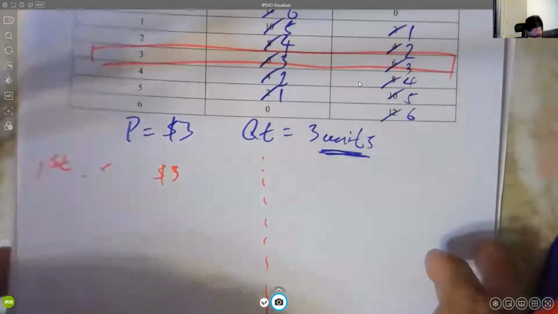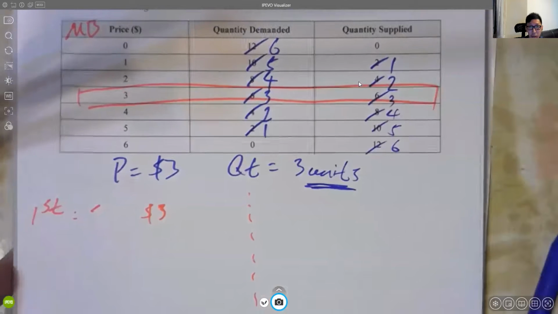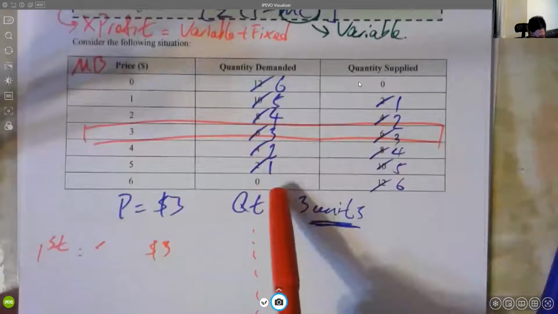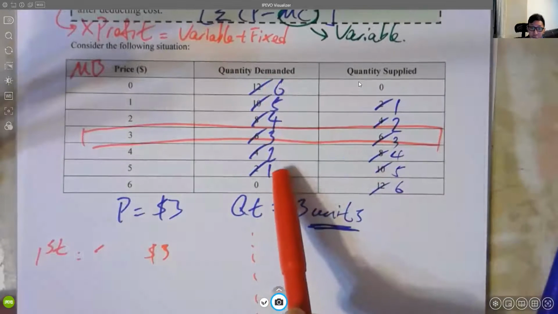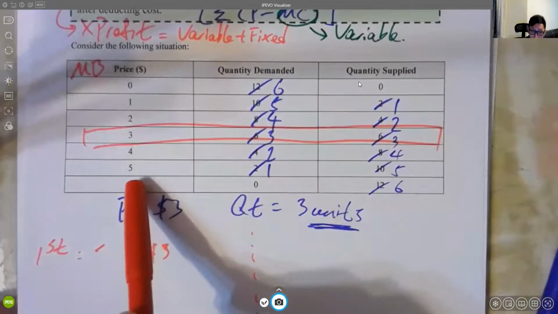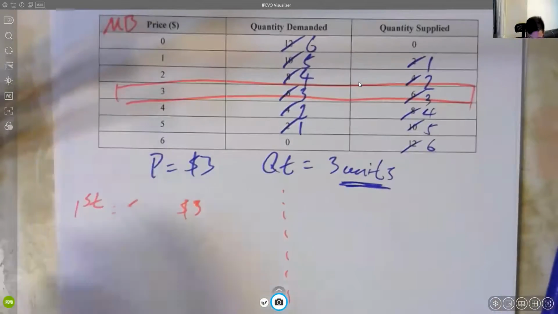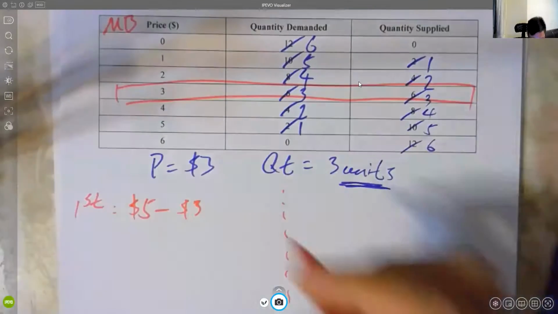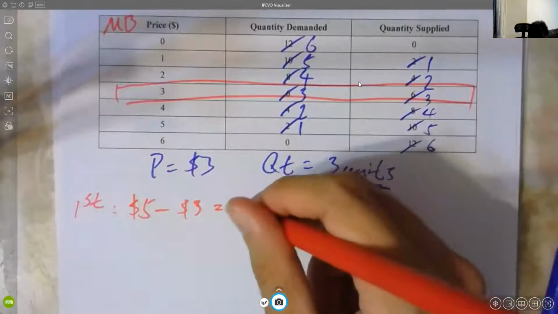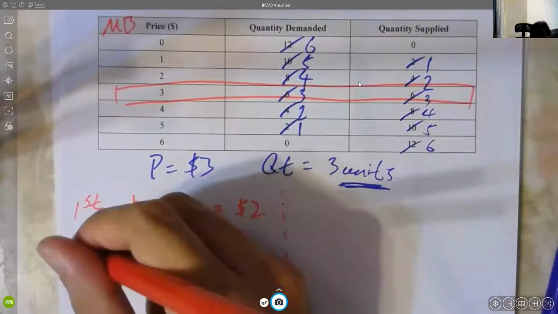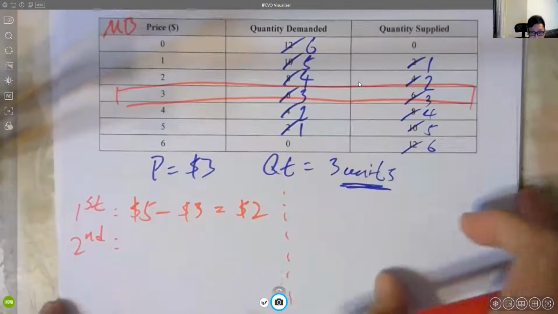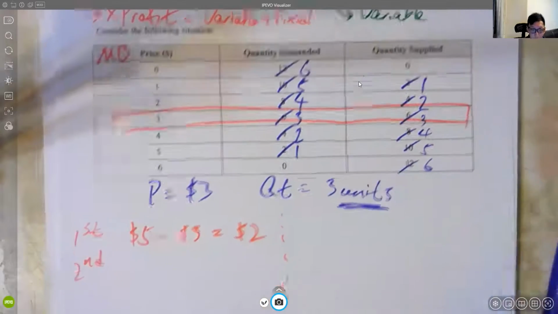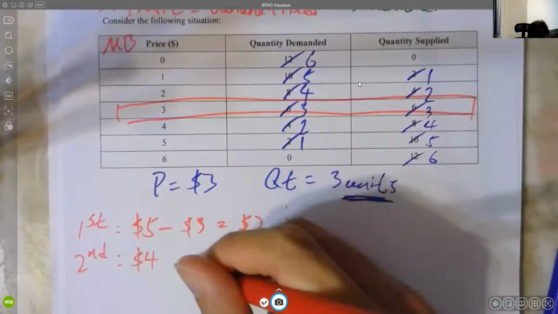So from the table, what is the so-called marginal benefit of the first unit? First unit, you see the marginal benefit is $5. Therefore, $5 minus $3. We get $2 here. Second unit, again from our table, you see the second unit gives us $4 of marginal benefit.